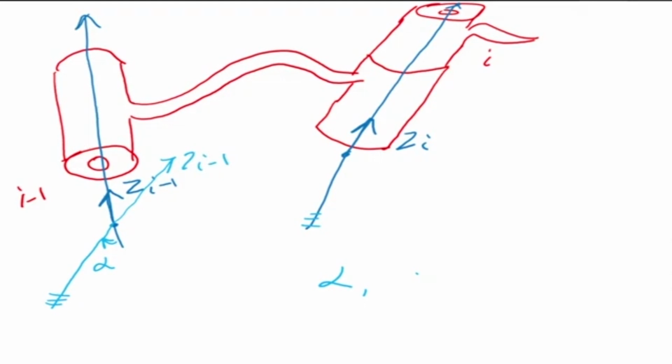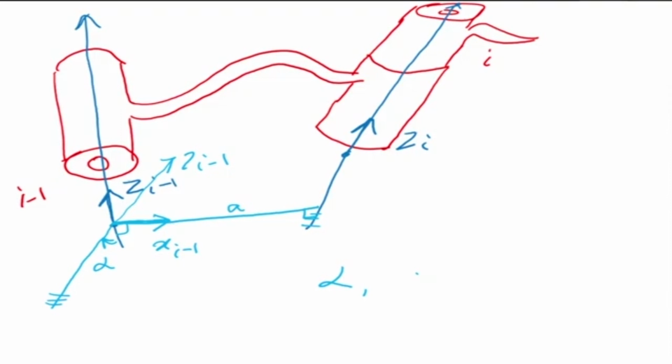So what I can do next is I can move it along the shortest distance like this. This is the shortest distance, so this is my distance a, and now I put my x_i axis along this direction. This is my x_i minus 1 axis. The y axis I'm not drawing because as per the right hand rule, if you have z and x, y is automatically fixed.